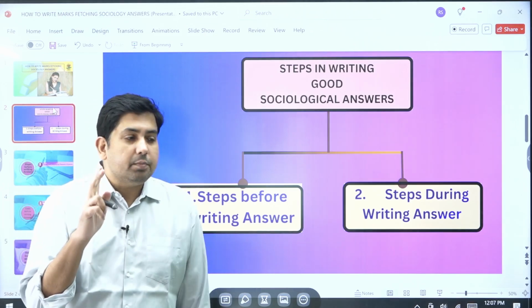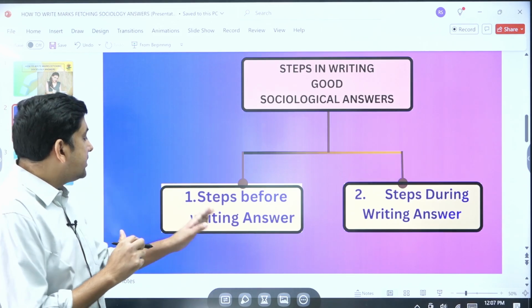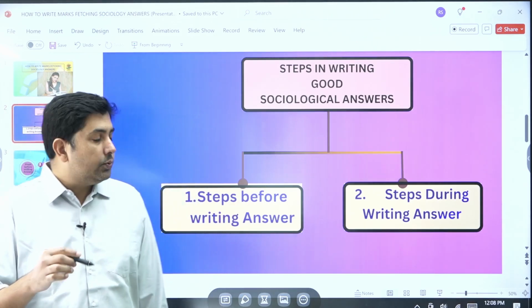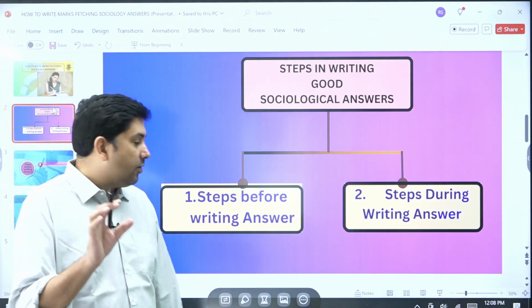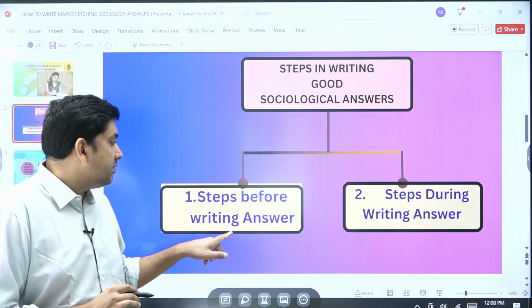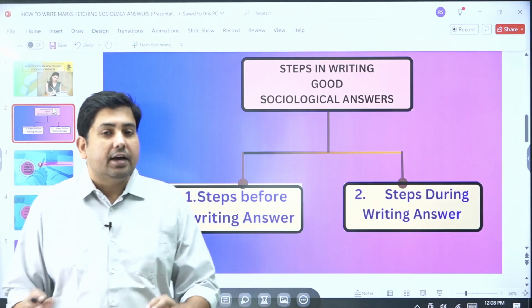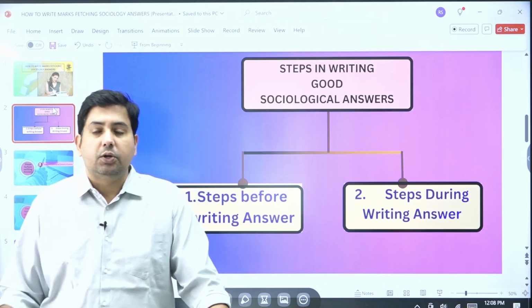There would be two steps. The first is just before you start jotting down your answer in the copy. And second would be the actual writing, the steps during writing the answer.